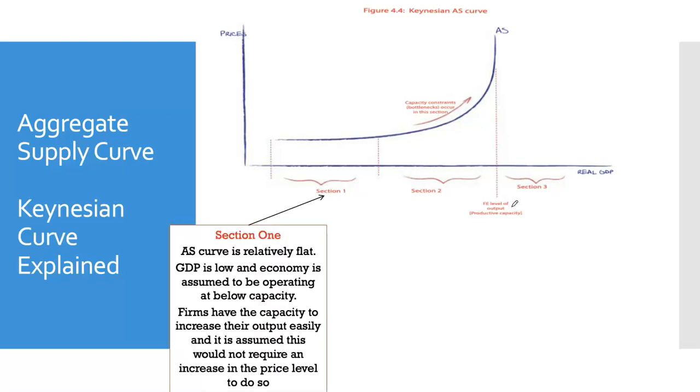The first one you might realize is the aggregate supply curve is relatively flat. This is where GDP is low, and the economy is assumed to be operating at below capacity. Because it is at below capacity, firms have the capacity to increase their output easily, and it is assumed this would not require an increase in a price level to do so.